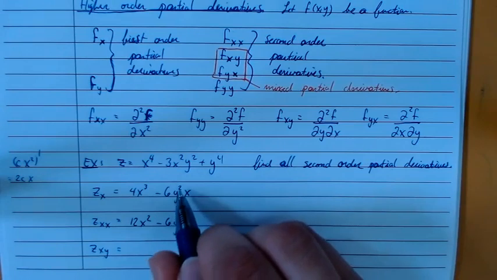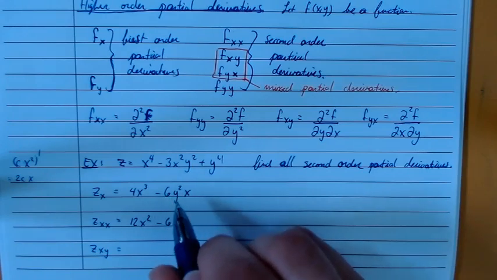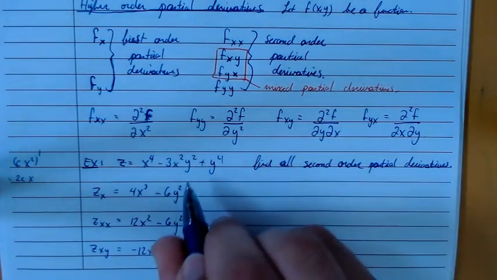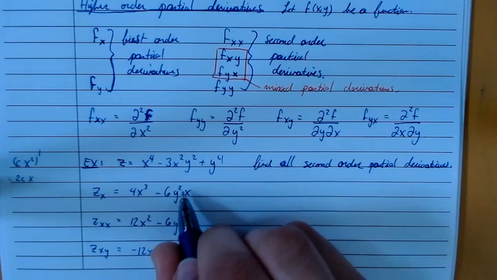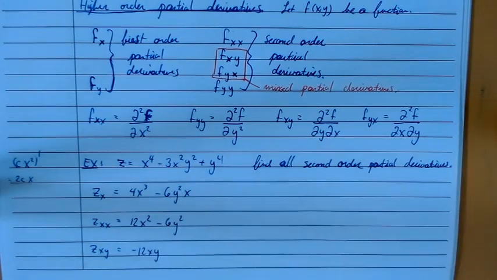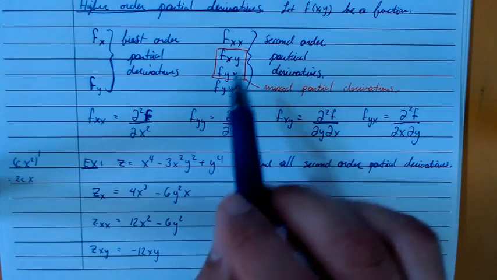So constant times y squared. I'm going to take my 2, bring it down to join the constant, giving me minus 12x. And then since y has lost the power, it's now down to power 1. So we can say that's minus 12xy. And these are the first 2 second-order partial derivatives, xx and xy.